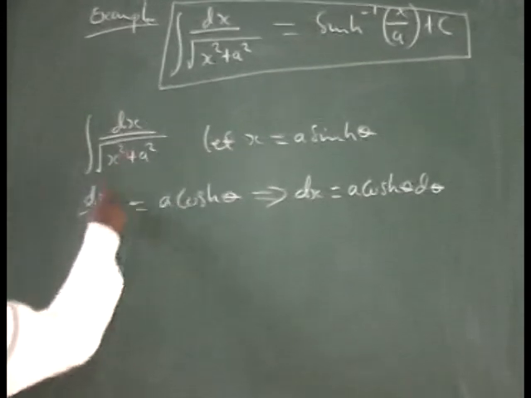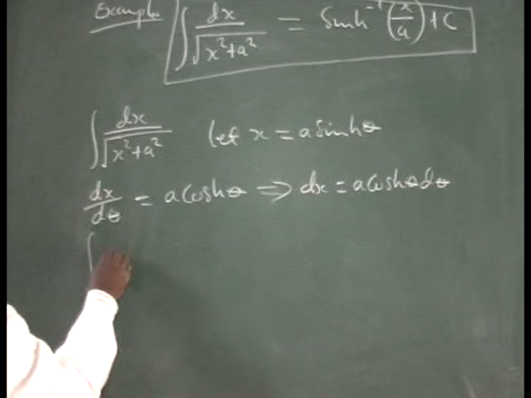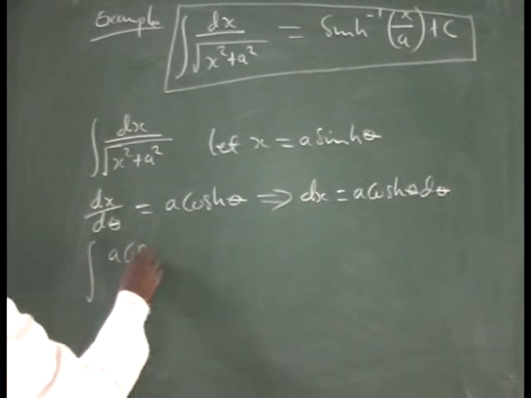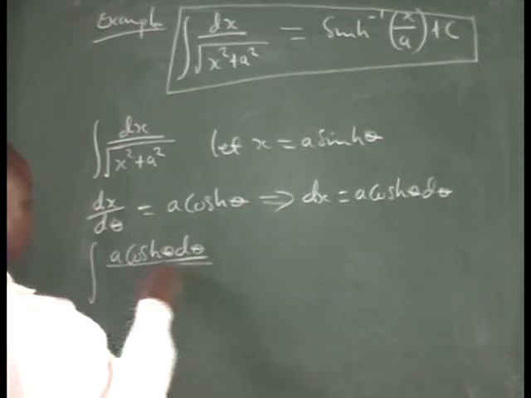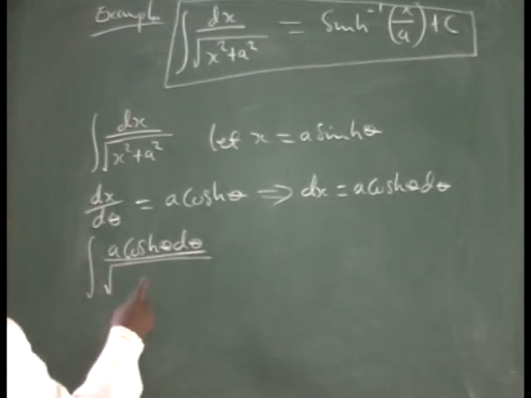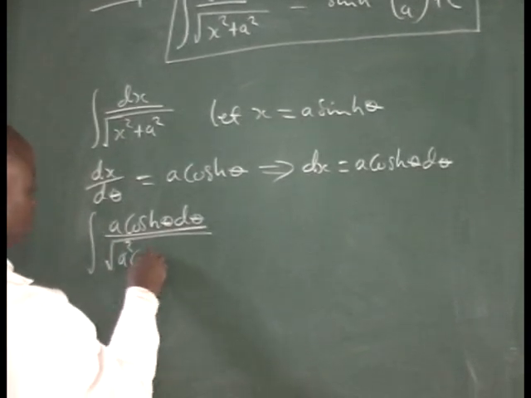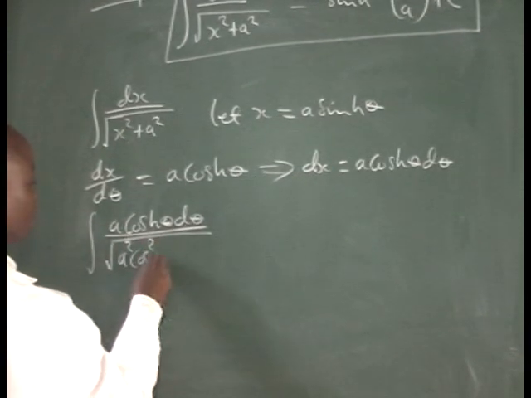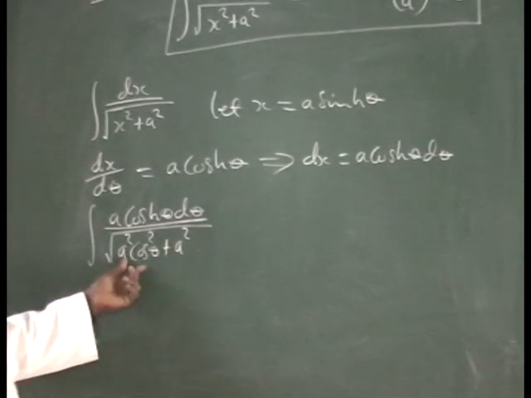Now, what it means is that we now have the integral of a cos theta d theta all over the square root of a squared and then cos squared theta plus a squared.